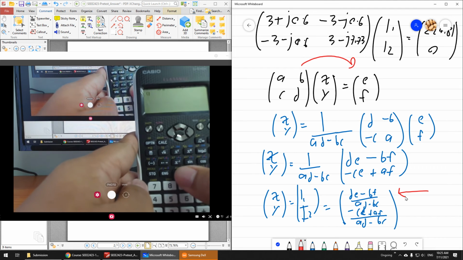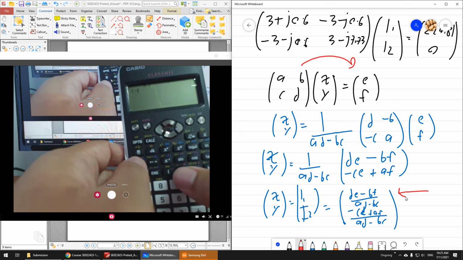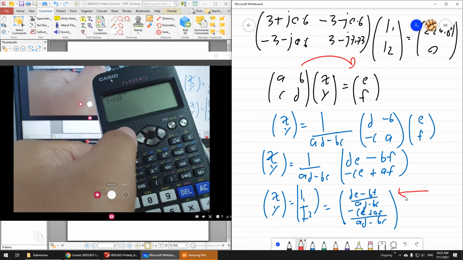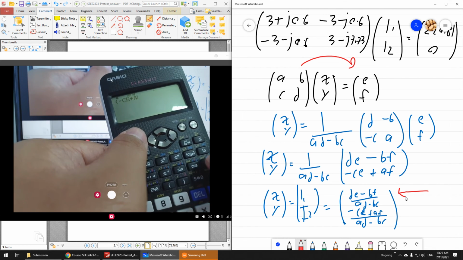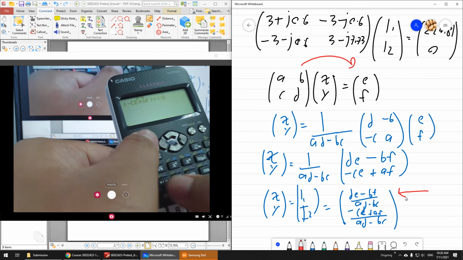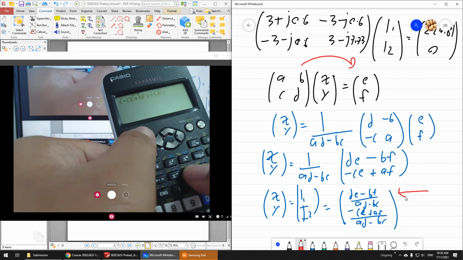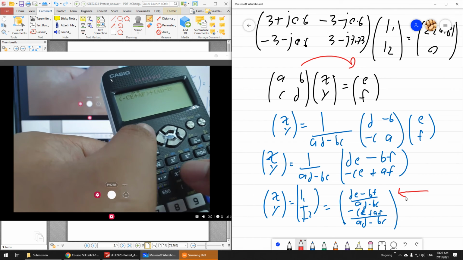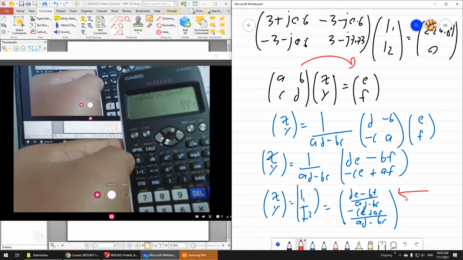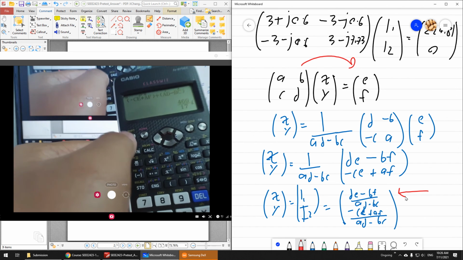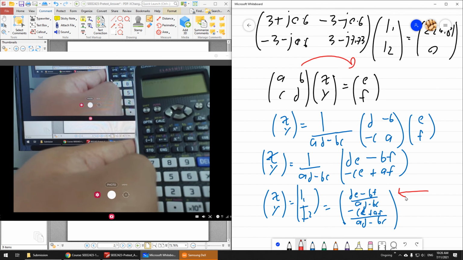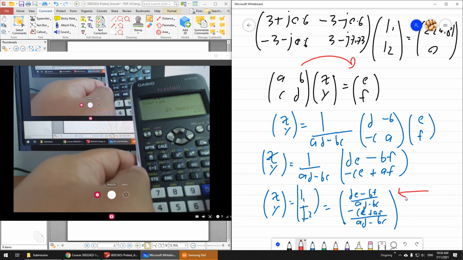Same here for I2: negative CE plus AF divided by AD minus BC. So you get the answer directly. Of course, you can use this option and move it to this one, so you get the answer directly.